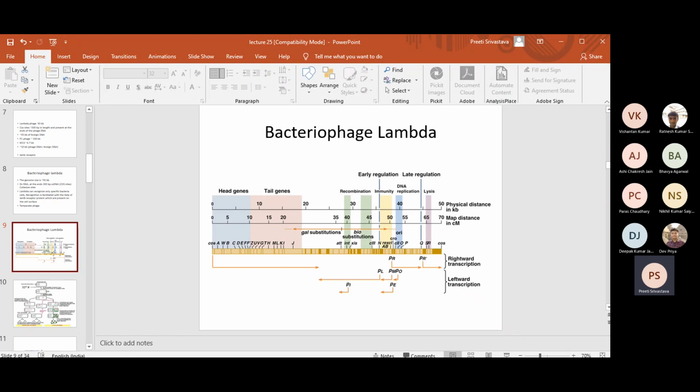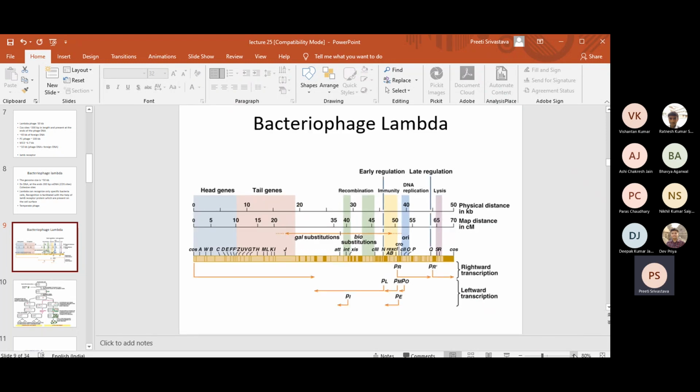And what is important to show you is that in bacteriophage lambda, there are two genes, CRO and C1, which are required for maintaining the lytic or lysogenic cycle, because lambda phage can exist in both ways. It can show lytic cycle or it can show lysogenic cycle. So let me show you how.